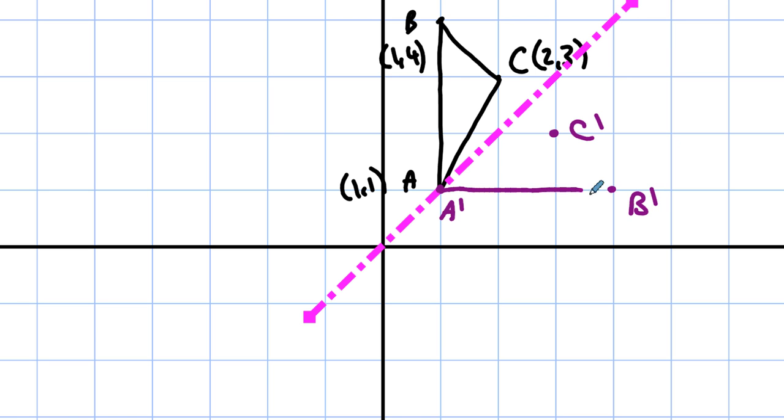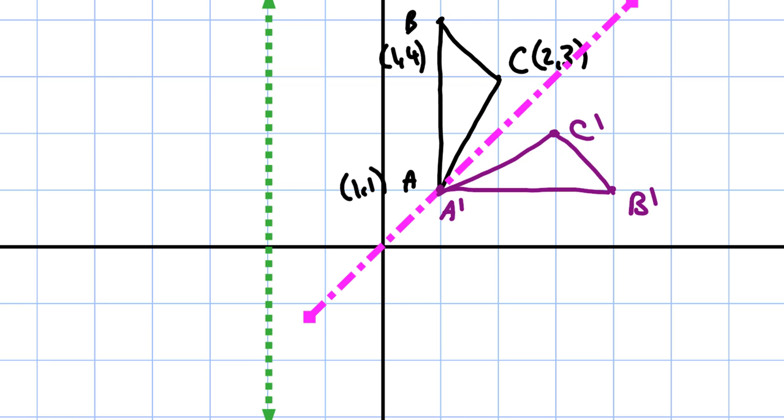And it is worth examining what happens to those coordinates as we go over the line y equals x. That's worth doing. But we could take that triangle ABC and we could reflect it over a line that's vertical but not an axis, like maybe x equals -2.